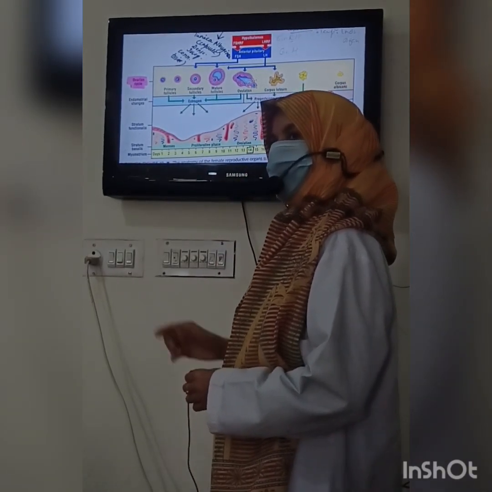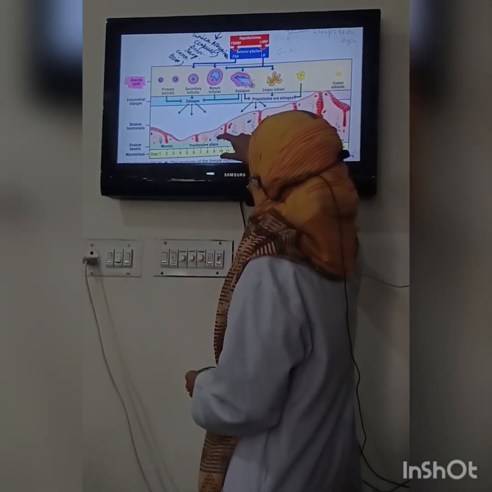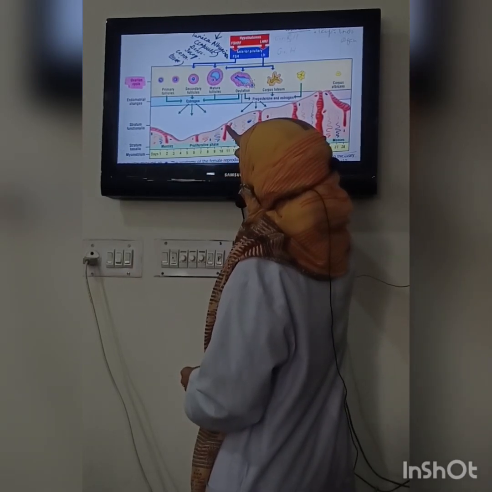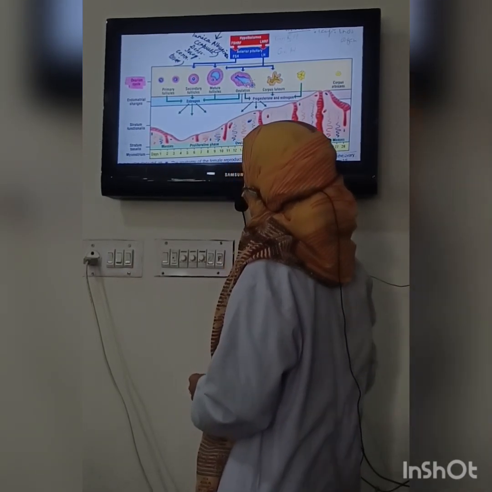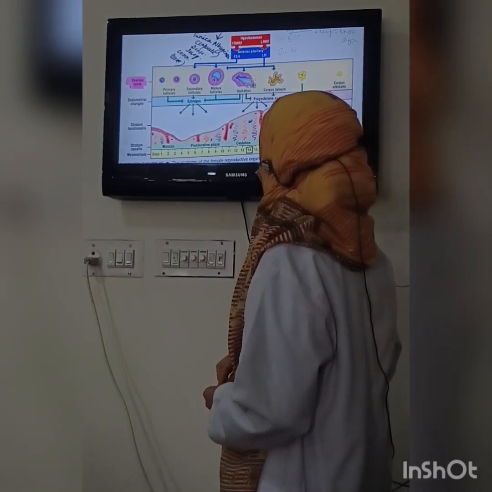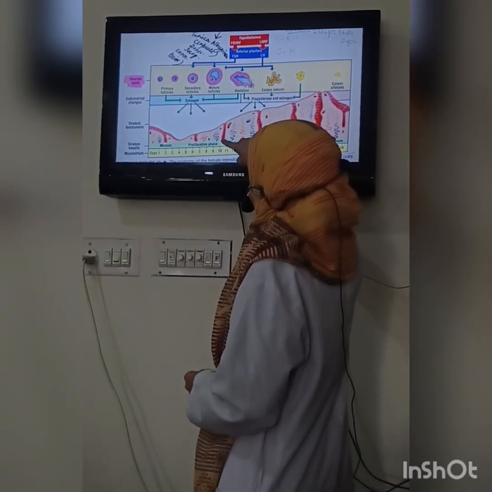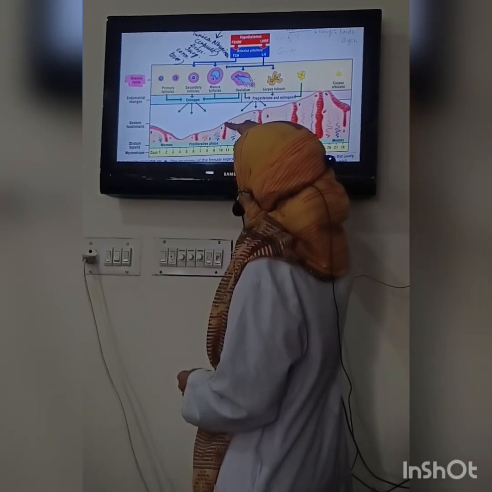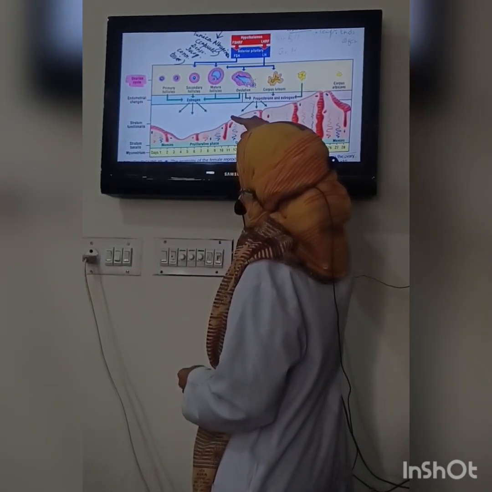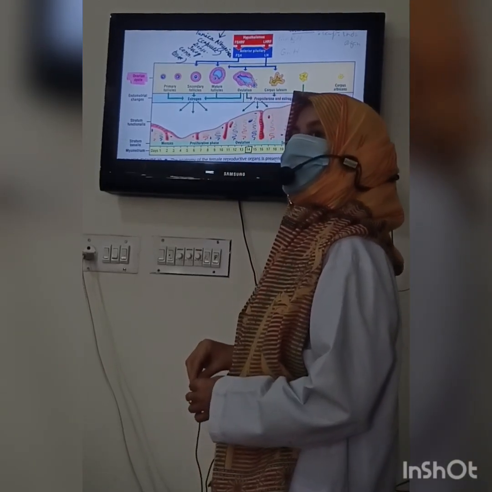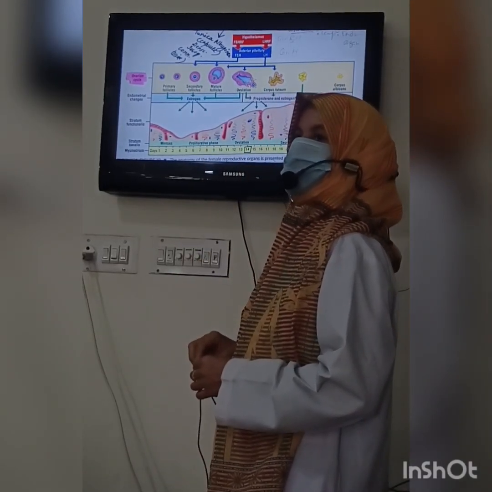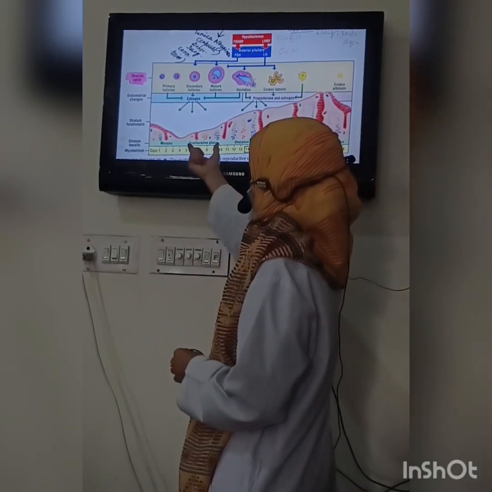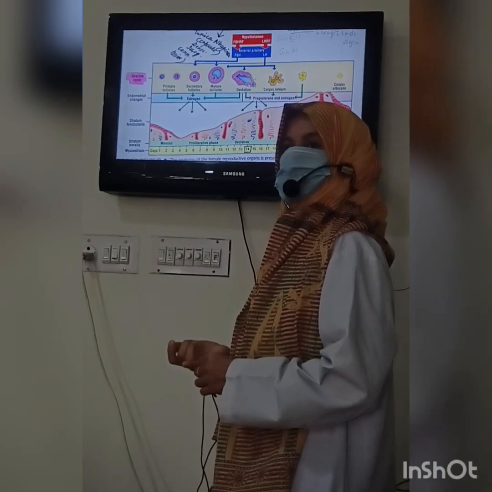Is it clear? Initially it was thin, now it is regrowing along with the growth of the blood vessels, and the glands are again well formed, and the surface epithelial cells are not only covering this glandular tissue, but also the denuded or naked surfaces, putting the epithelial lining over it, because all the regenerative changes are occurring here. So can we call this proliferative phase a regenerative phase, right?